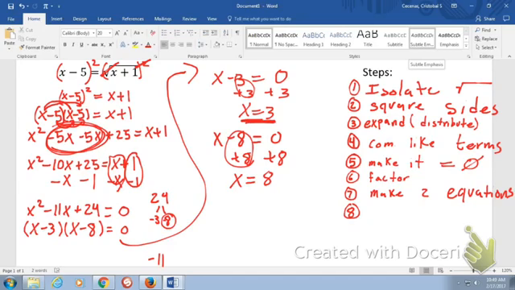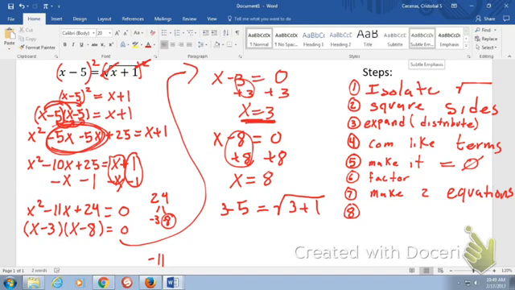So I'm going to write the original equation here. x minus 5 is equal to square root of x plus 1. And instead of this x, I'm going to put 3. So I'm going to erase this x, and I'm going to put 3, and erase this x, and I'm going to put 3.